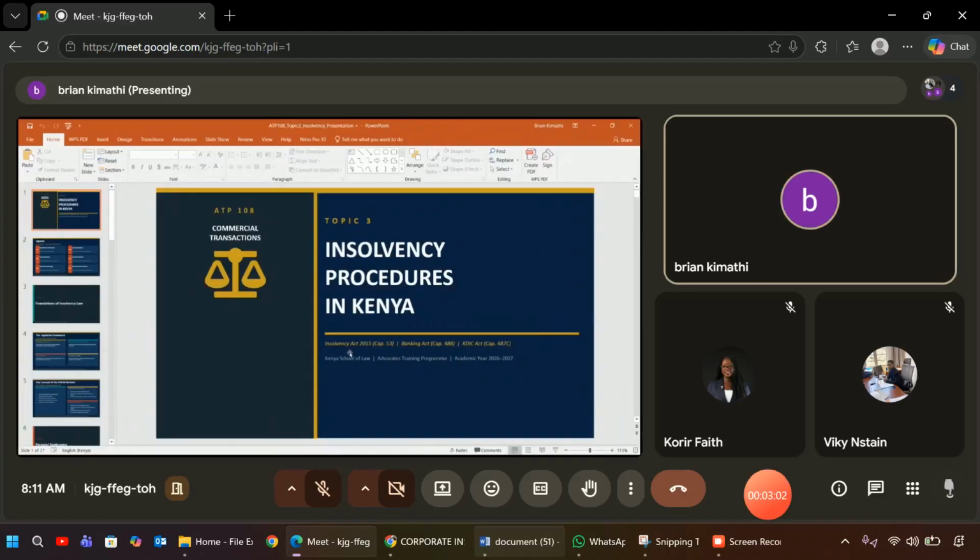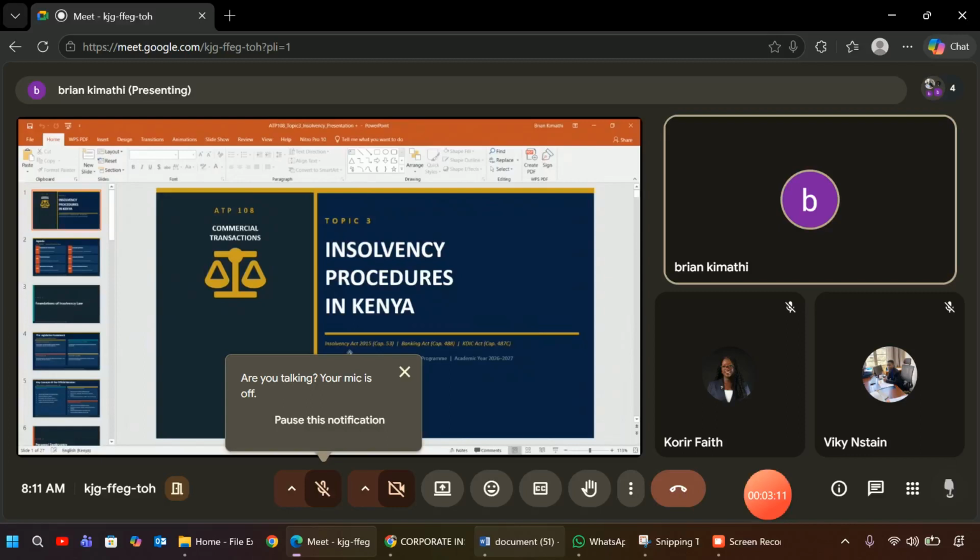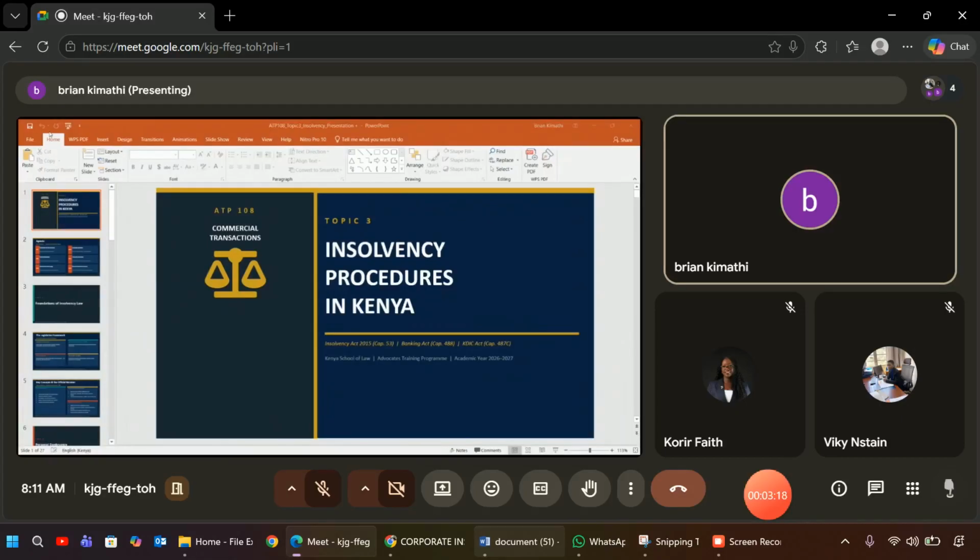So, what statute is recommended for topic 3? We have the Insolvency Act, and as you read the Insolvency Act, you read it alongside the insolvency regulations. Then we have the Banking Act, and then the Insurance Act.